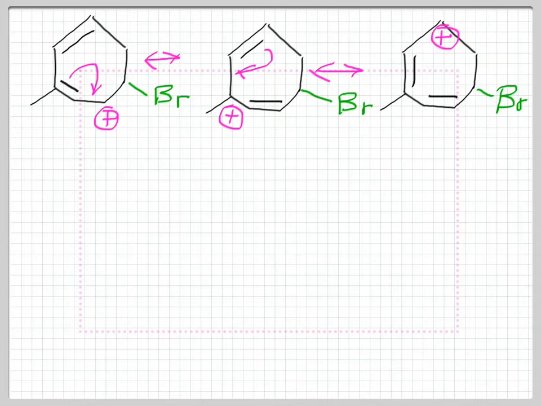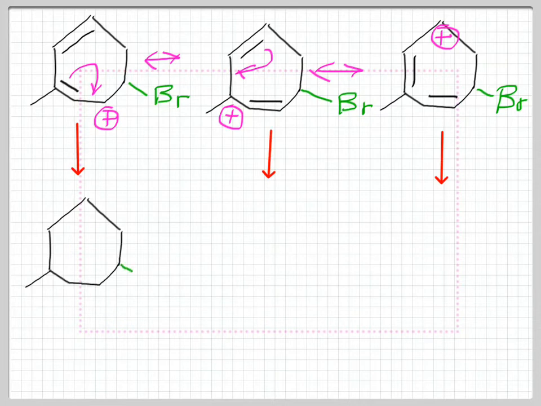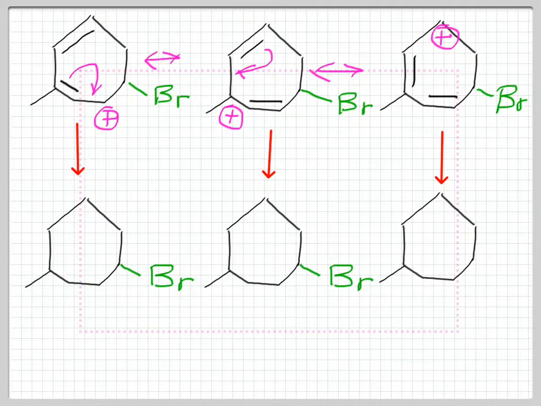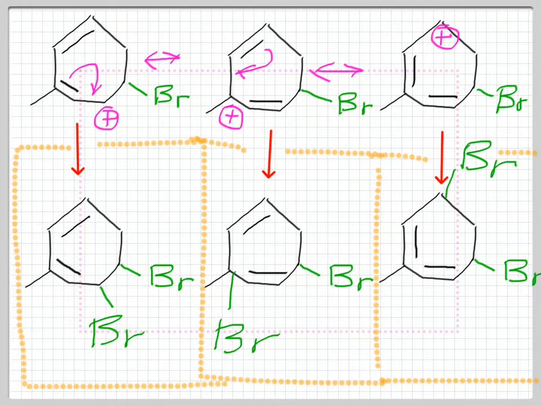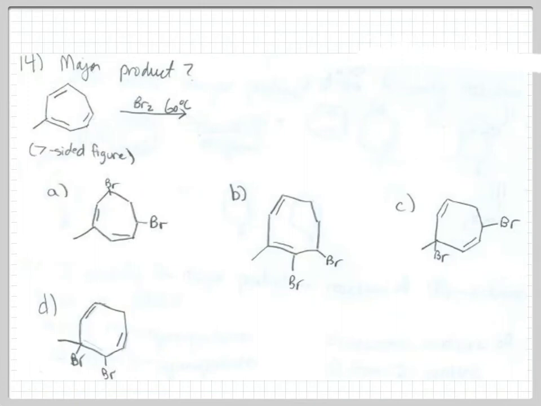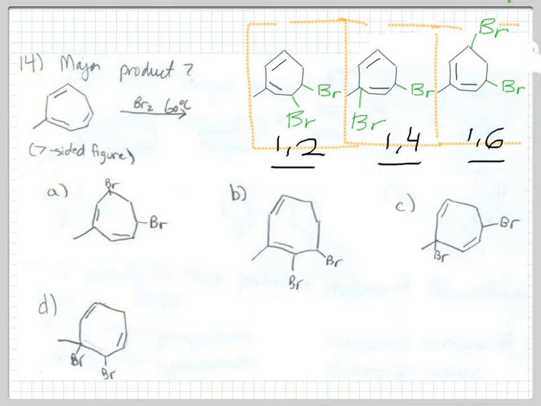And now remember it's Br2 we're adding, so we've added one bromine, and now we're going to add the second, the bromide, so we'll just add those on as you see below. And these will represent the only three compounds in consideration. So only these three. So let's take a look now at the answer key, and let's also take a look at the molecules that we just created.